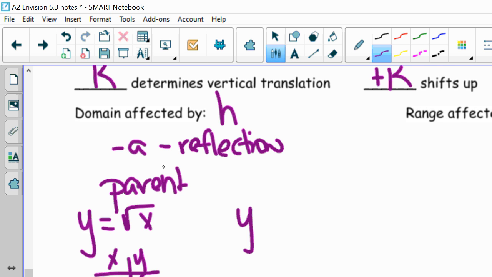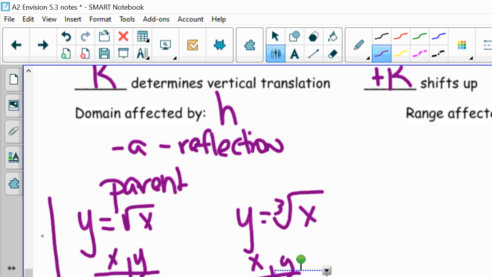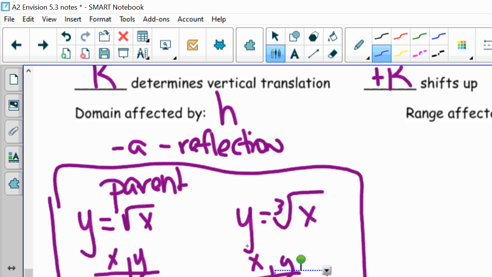If we are looking at cube root, our parent function is y equals the cube root of x. Our xy table will be negative 8, negative 1, 0, 1, and 8. The cube root of negative 8 is negative 2, cube root of negative 1, negative 1, cube root of 0, 0, cube root of 1 is 1, cube root of 8 is 2. So these are the parent functions that we want to remember, right?